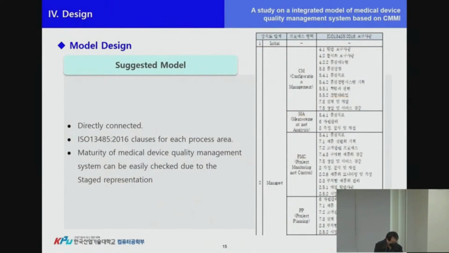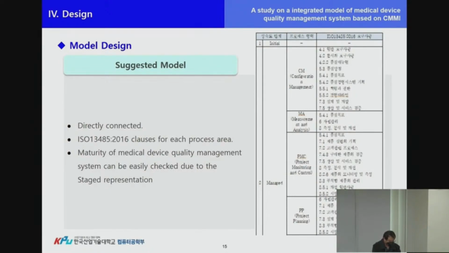In the second step, I removed the specific practice of CMMI and ISO 9001 clauses to complete the model. There are stages of maturity and process area of CMMI and requirements of ISO 13485-2016.